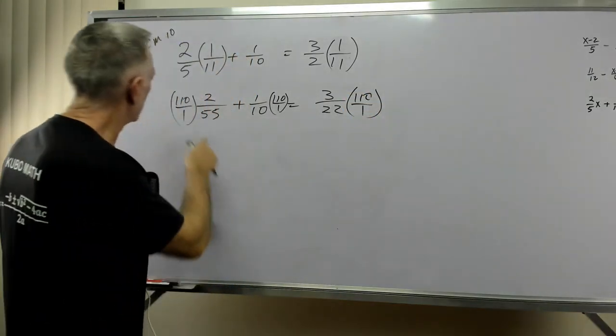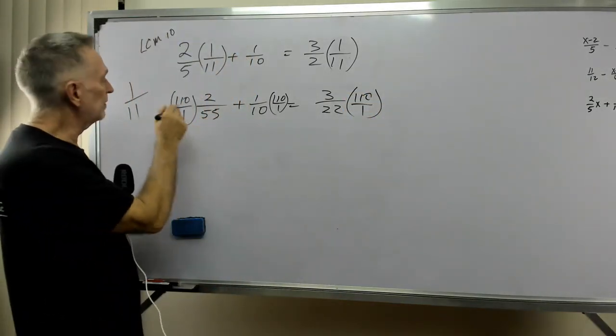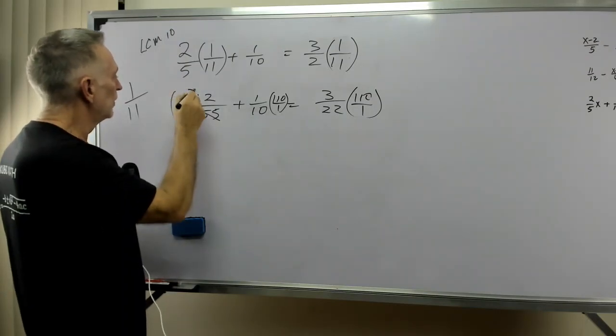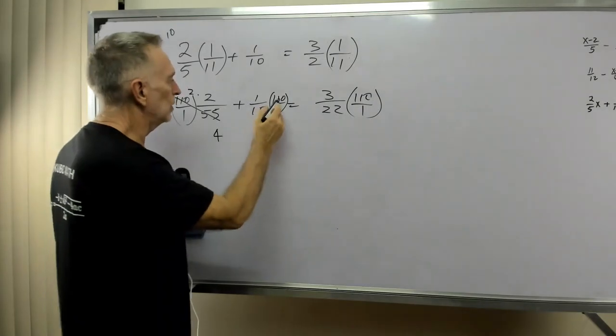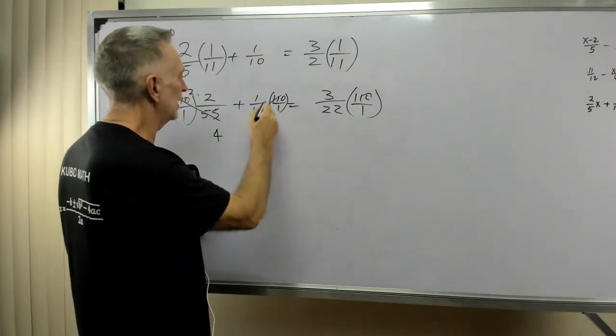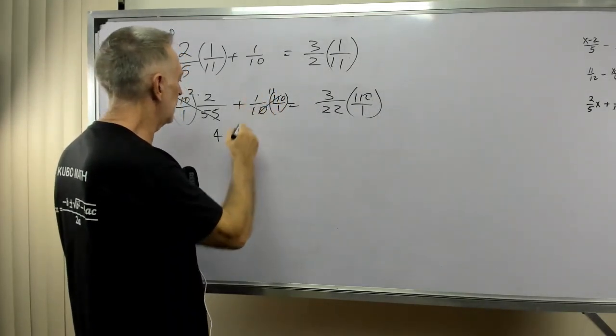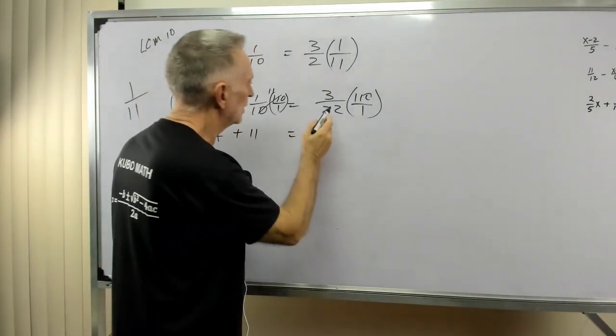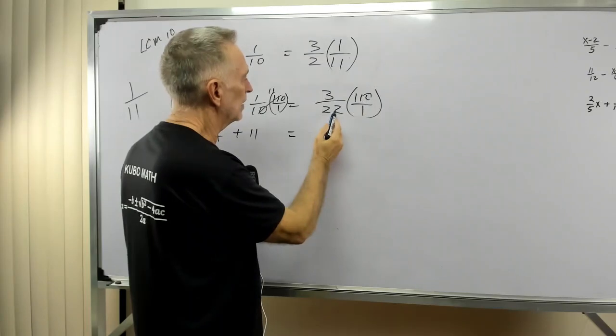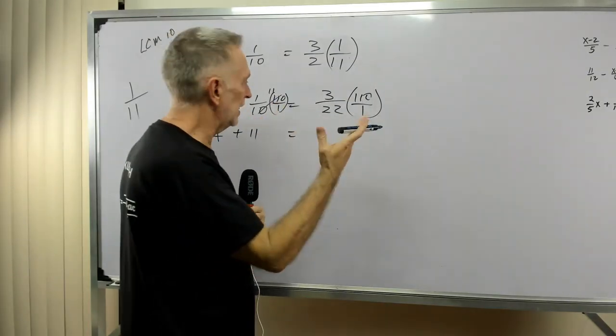All right. 110 divided by 55 is 2. 2 times 2 is 4. Now 110 divided by 10, that's 11. 11 times 1 is 11. Let's see here. 110 divided by 22 is 5.